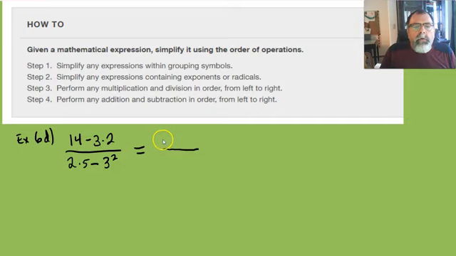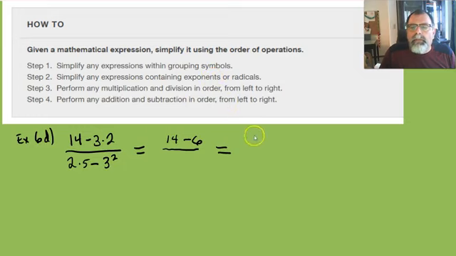So you can kind of think of it as two separate problems here. In the numerator, there's no grouping symbols. There's no radicals, so I'm going to do multiply, divide from left to right. So 3 times 2 is 6. Okay, and then that's done. So now we're going to do subtract from left to right.